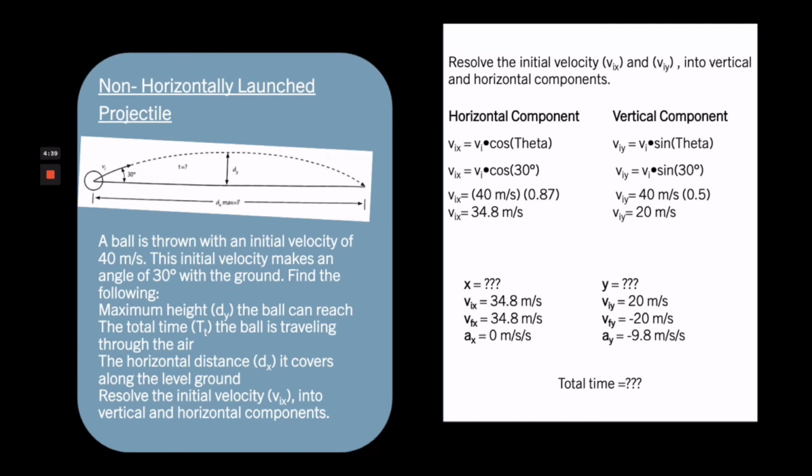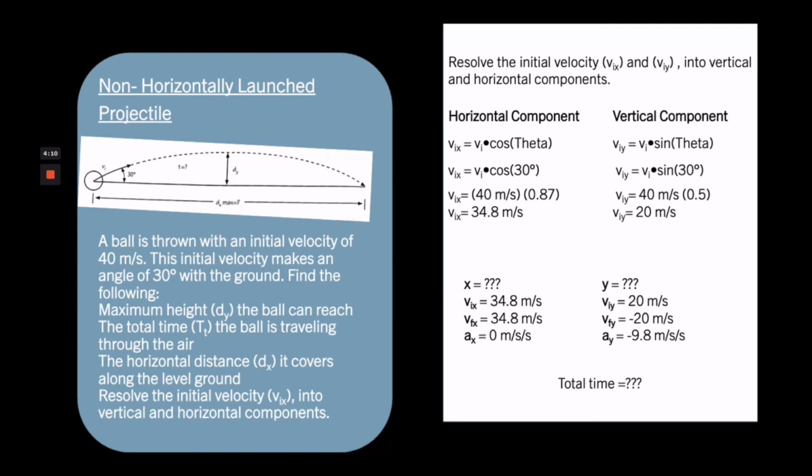Find the following: the maximum height or displacement y the ball can reach, the total time the ball is traveling through the air, the horizontal distance, that's displacement x, it travels along the level ground, and resolve the initial velocity into vertical and horizontal components.